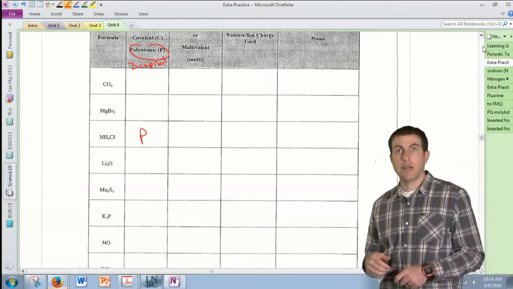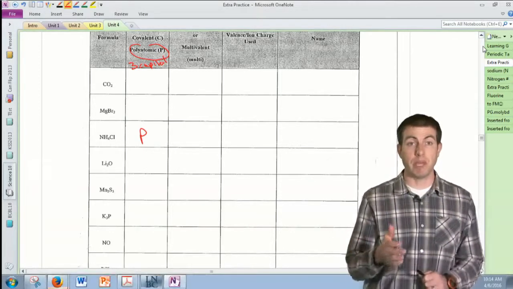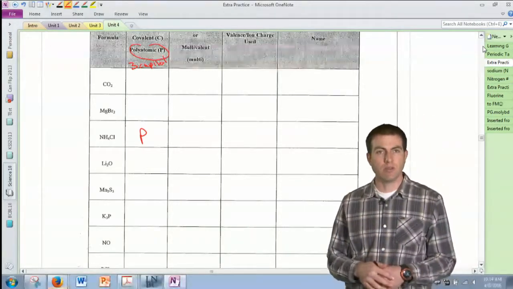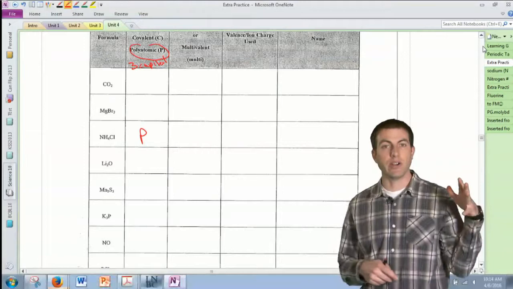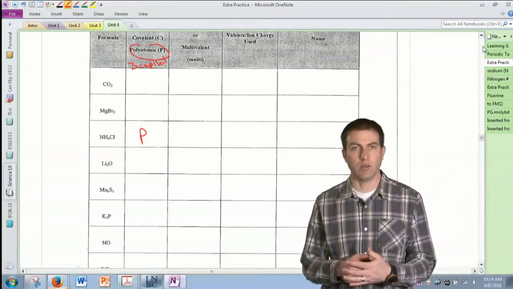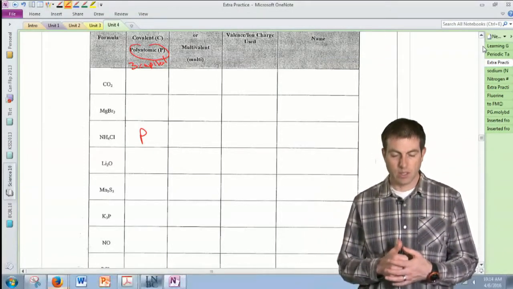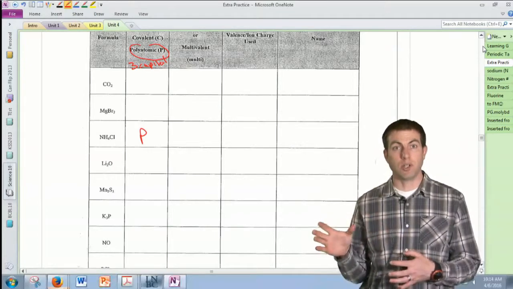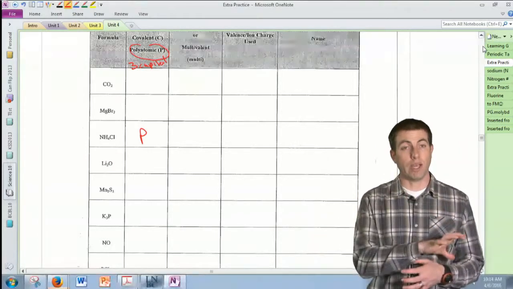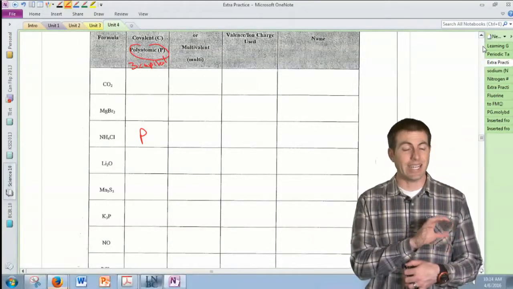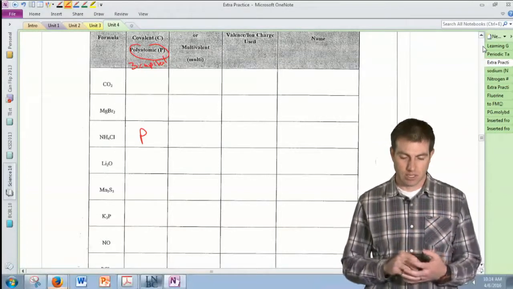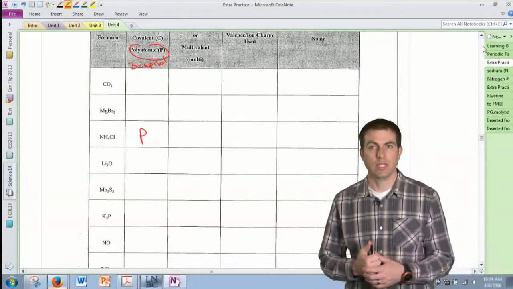Ionic compounds and covalent compounds. Does anybody remember what makes these things different? What are we looking for in an ionic compound that we are not looking for in a covalent compound? Or what's special about a covalent compound that I won't have in an ionic compound?